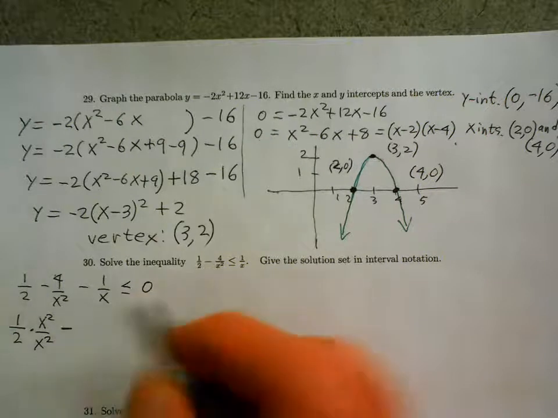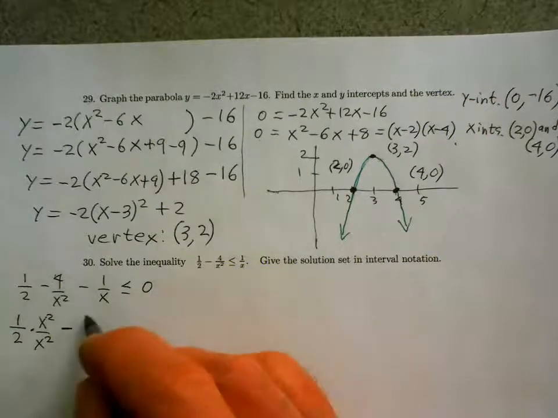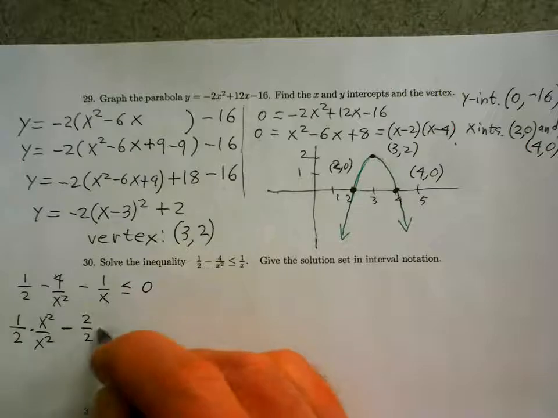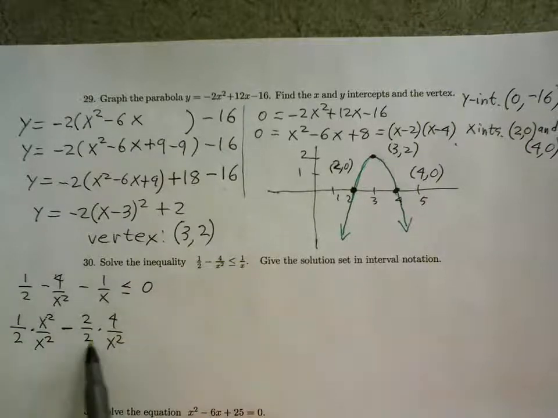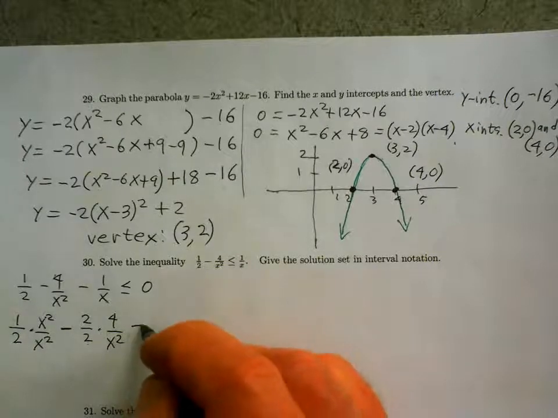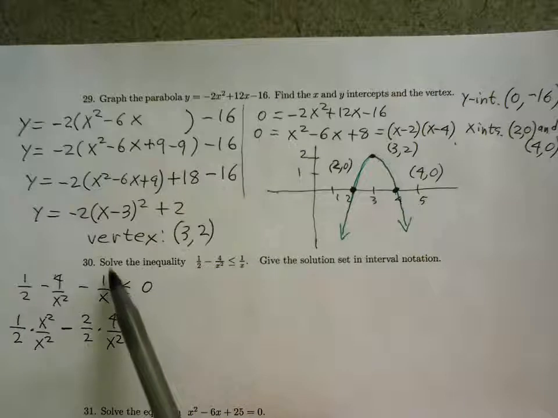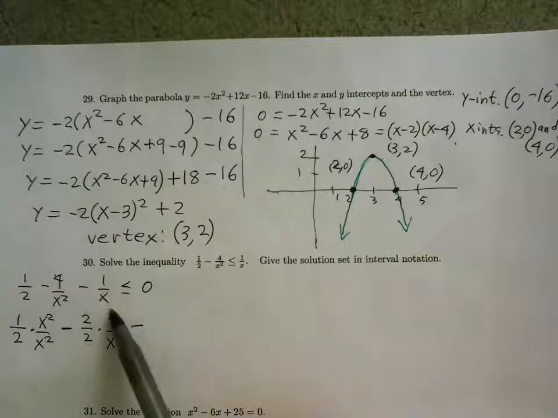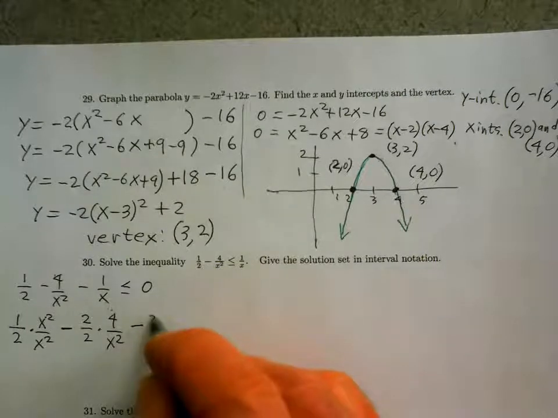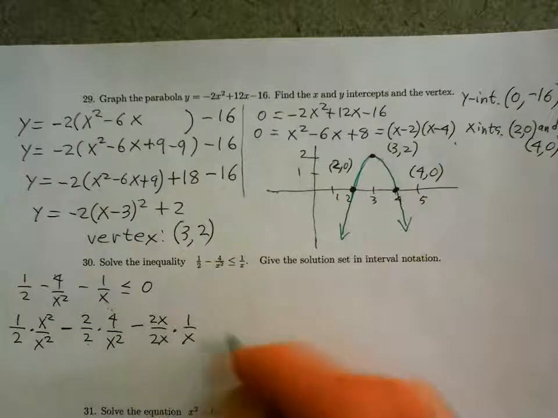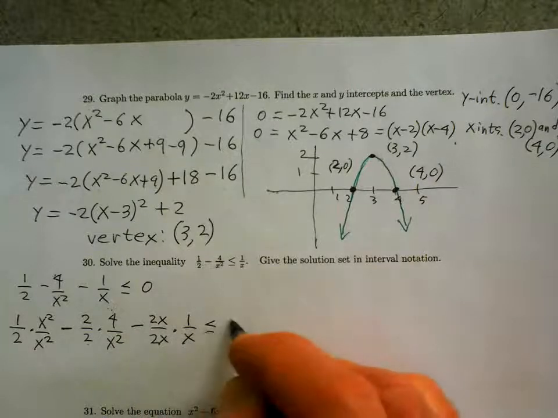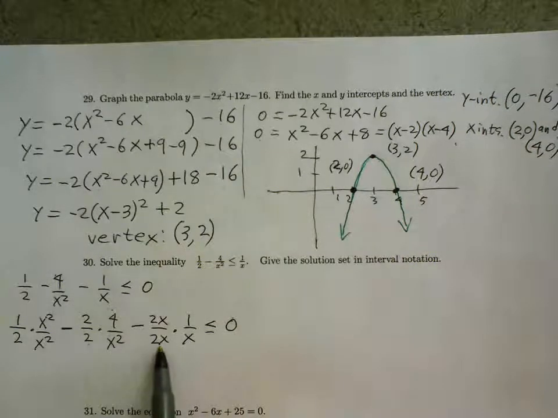And then multiply the next term by 1 in the form 2 over 2. Then we'll have the common denominator 2x squared. And then multiply 1 over x by 1 in the form 2x over 2x. And we'll have the common denominator 2x squared.